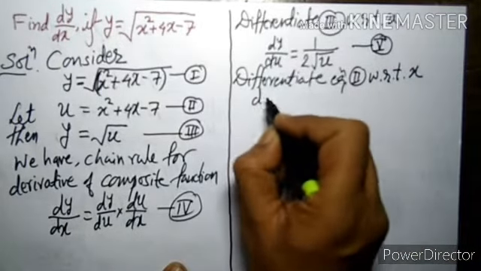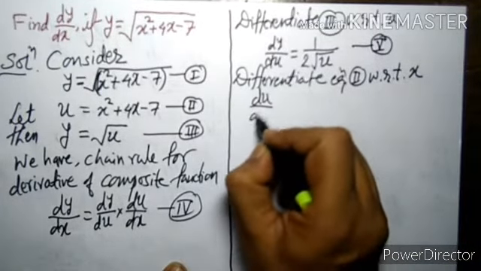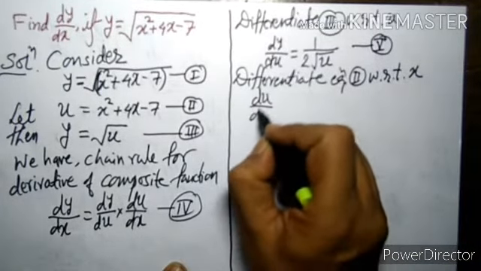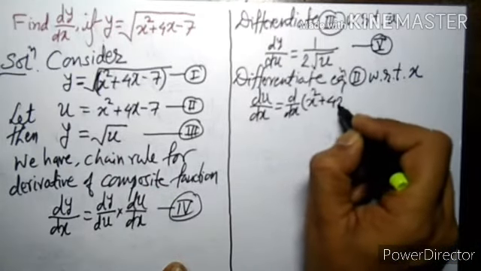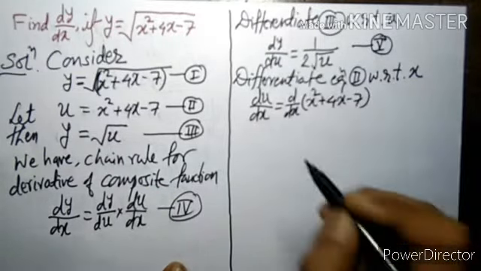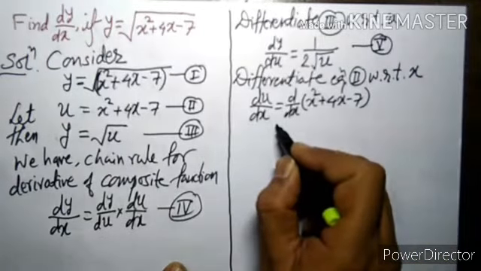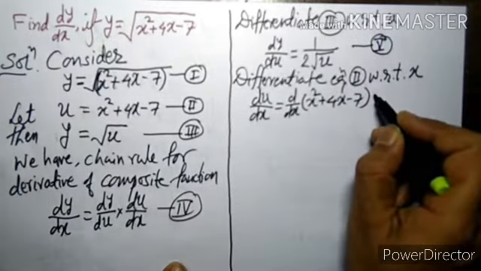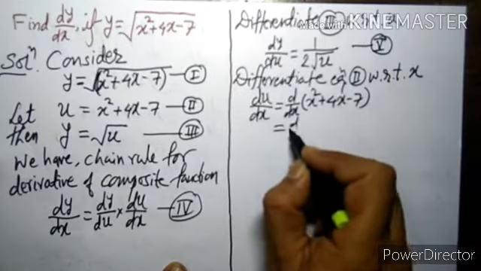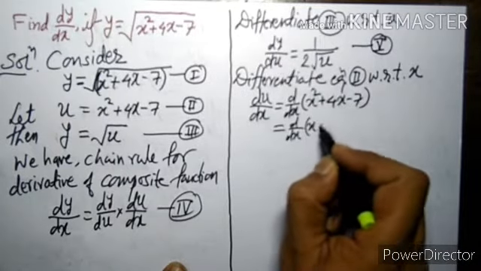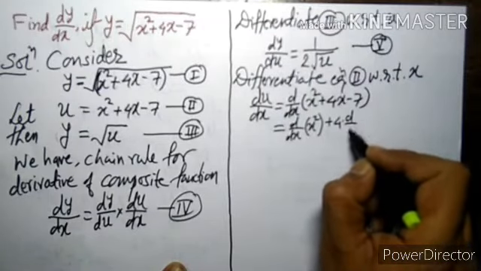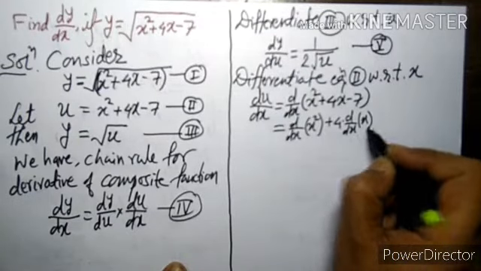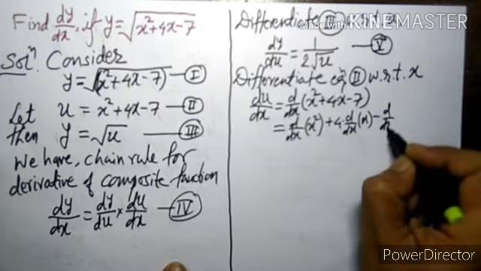So du by dx is equal to d by dx of u, and u is x square plus 4x minus 7. So by separating the terms, it is d by dx of x square plus 4, which is a constant that can be taken outside, d by dx of x, minus d by dx of 7.